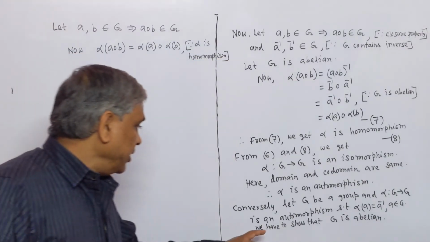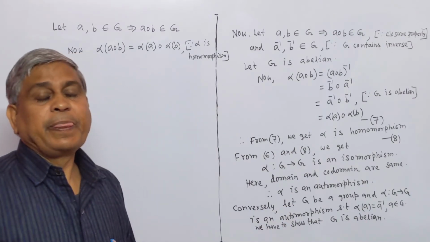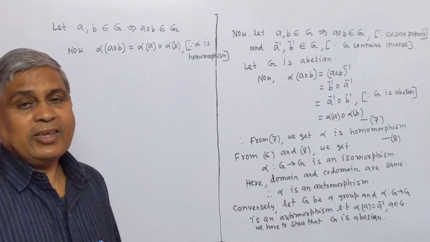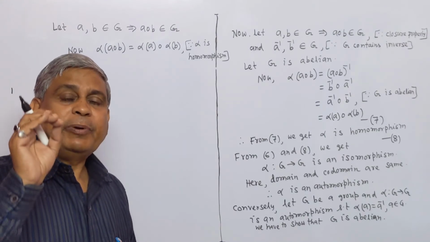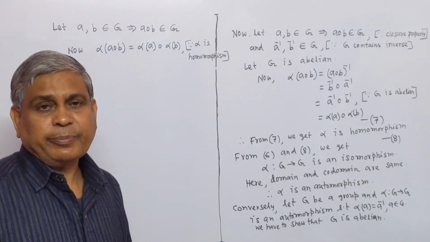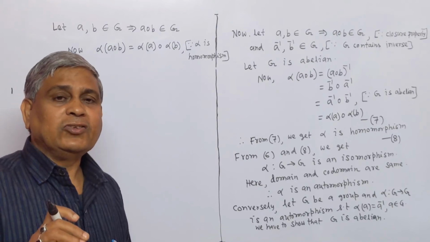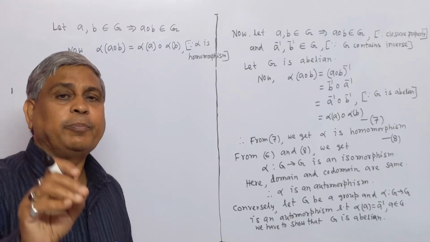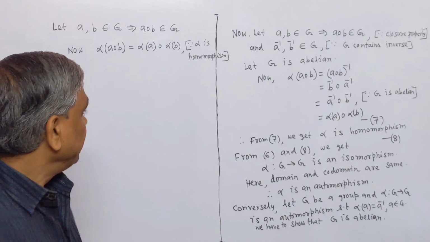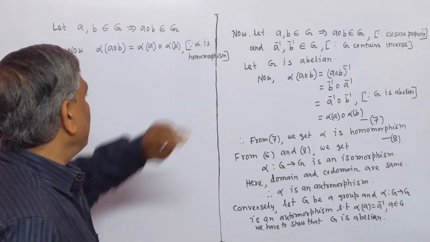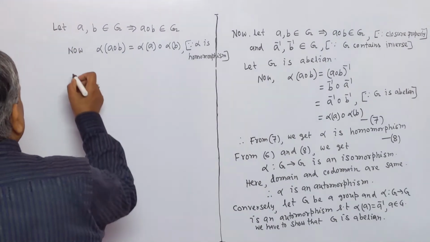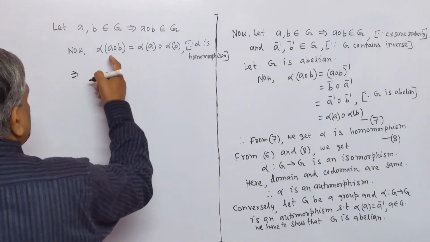As alpha is an automorphism, alpha is an isomorphism, and if alpha is an isomorphism, then alpha is bijective and alpha is a homomorphism. So here we have used the property that alpha is a homomorphism.